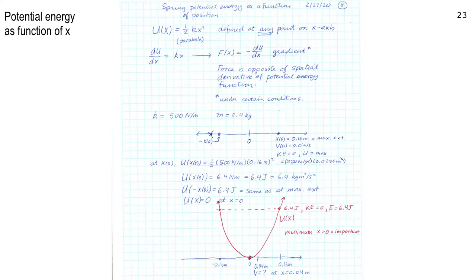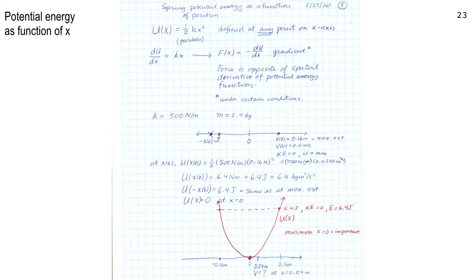So, what's 250 times 0.0256? It's about 5 or 6 something? 6.4? Okay. So U of x of 0 equals 6.4 Newton meters.